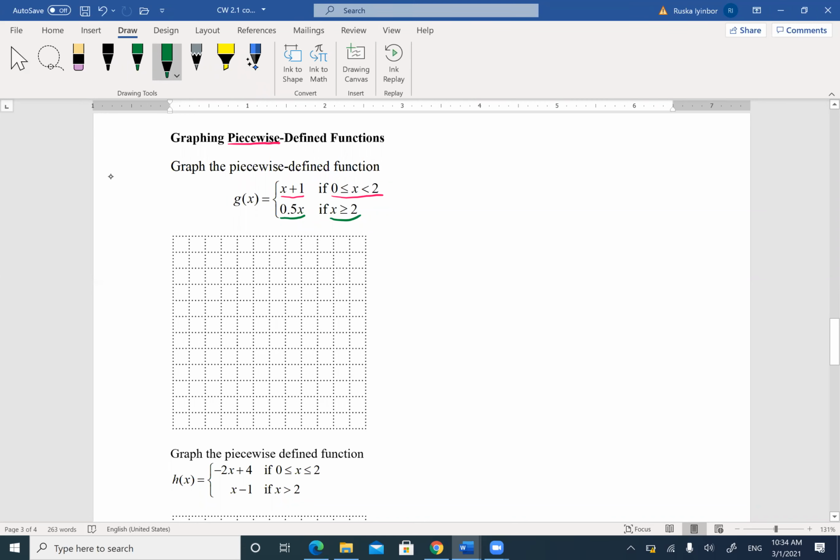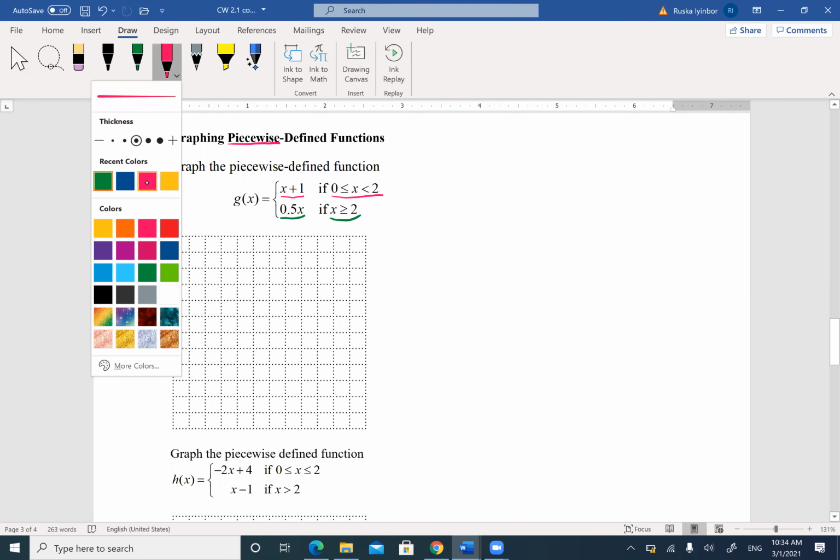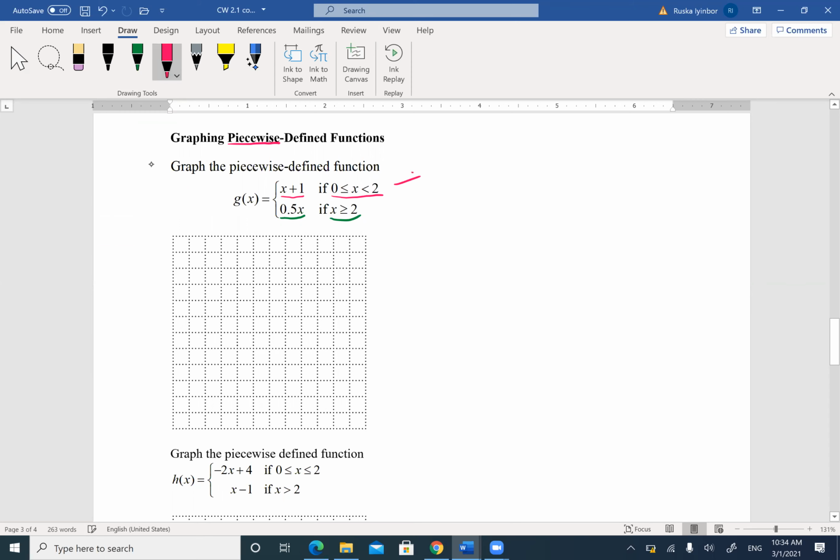So in order to graph it, I need to graph from 0 to 2 and then after 2. Let's graph the first one. It's a linear function, and for a linear function you need 2 points. The 2 points I'm going to use are 0 and 2.